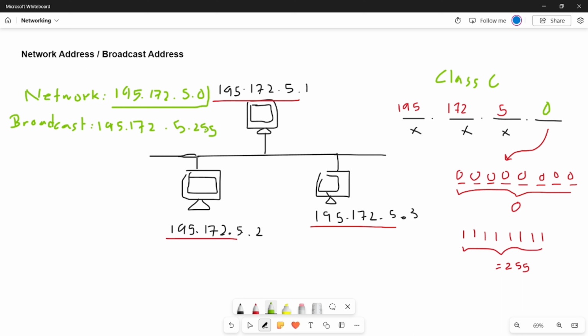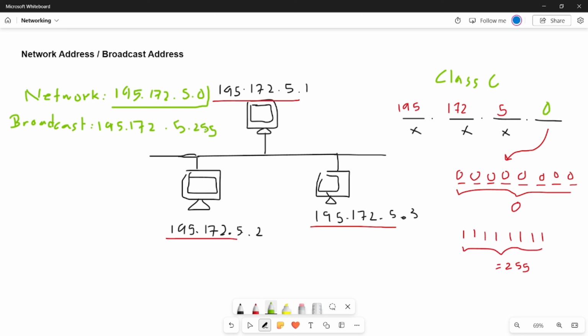The broadcast IP address is used to send a broadcast message to every node in the network, and it is the last IP address of the network. So this is the usage of the network address and broadcast address of a network.